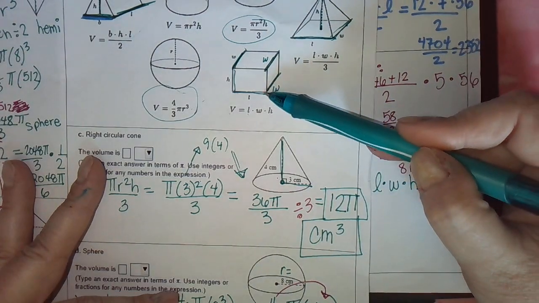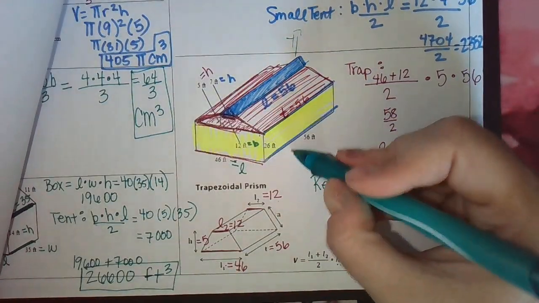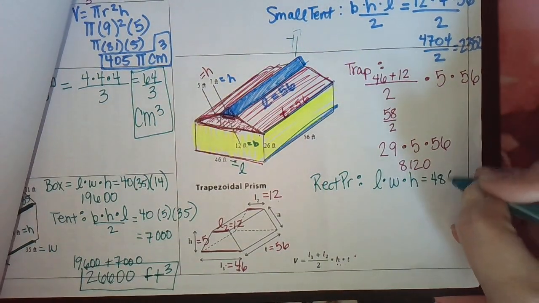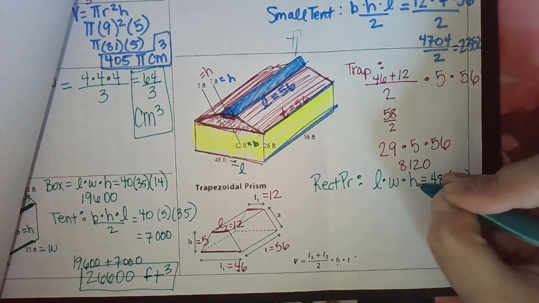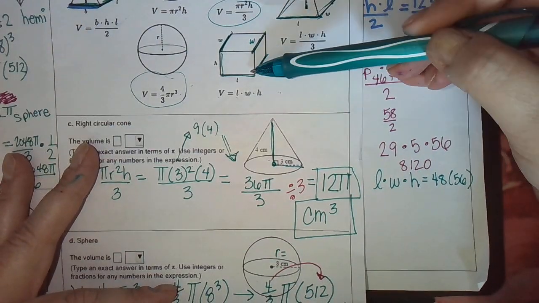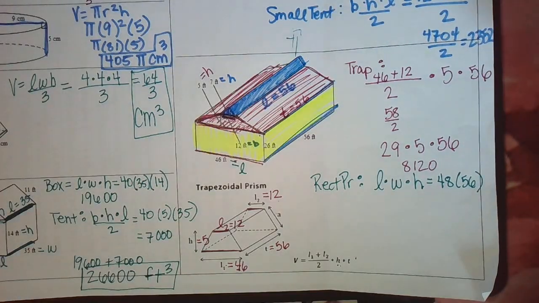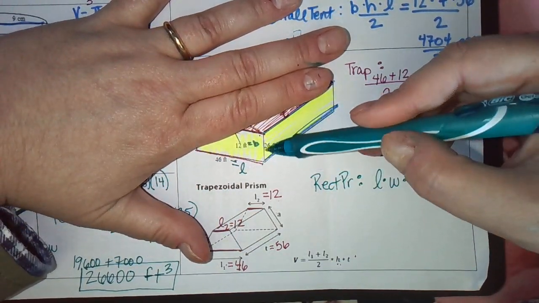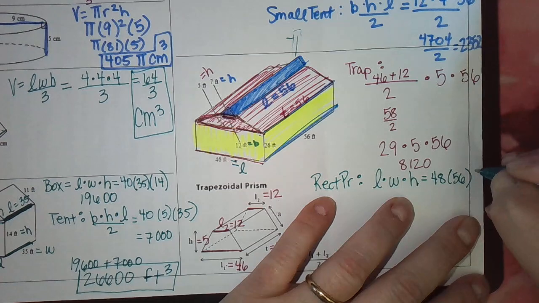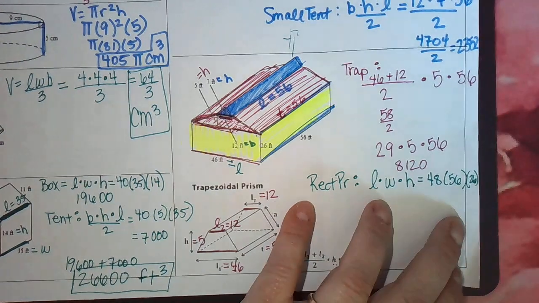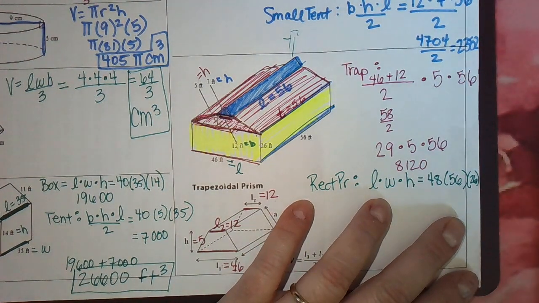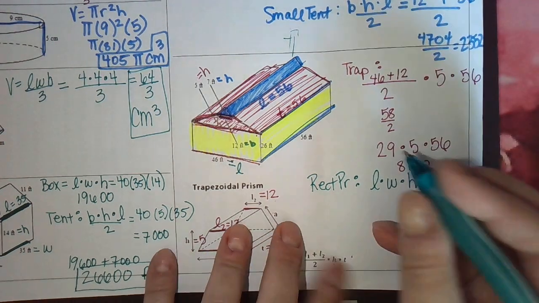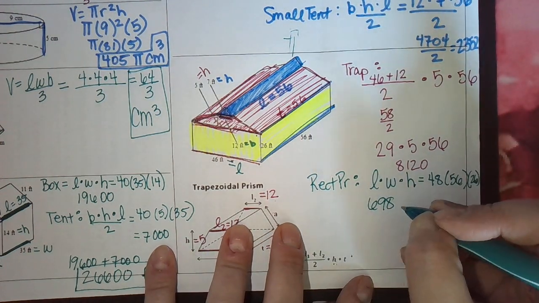The width is the slanted back piece, how far deep we go back. That's 56. The height is the actual up and down piece of the yellow rectangular prism, so 26. And then let's multiply those together. And we get 69888.